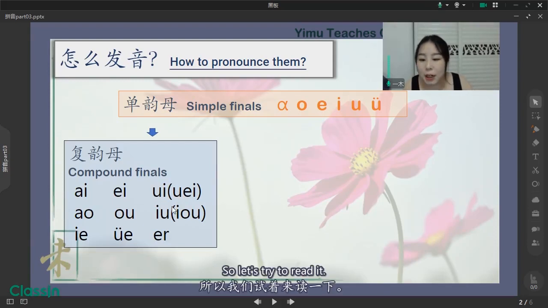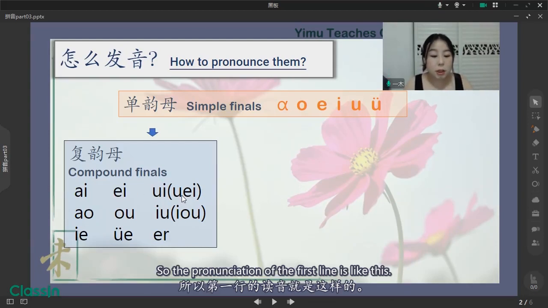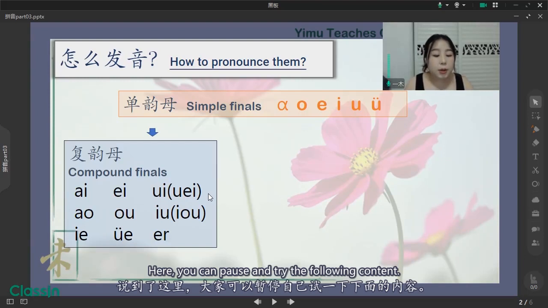So let's try to read it. U, A. The A here has just been read. So the pronunciation of the first line is like this. Ai, ei, ui. Here you can pause and try the following content.